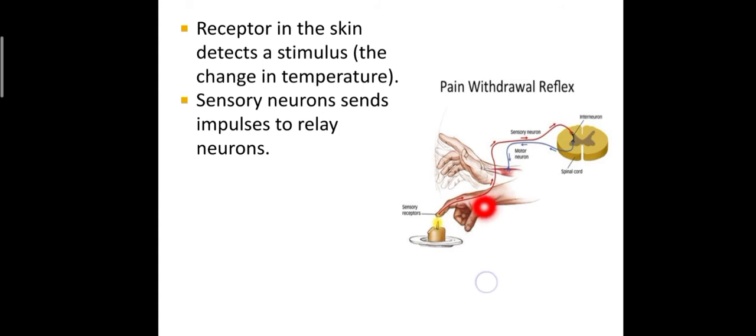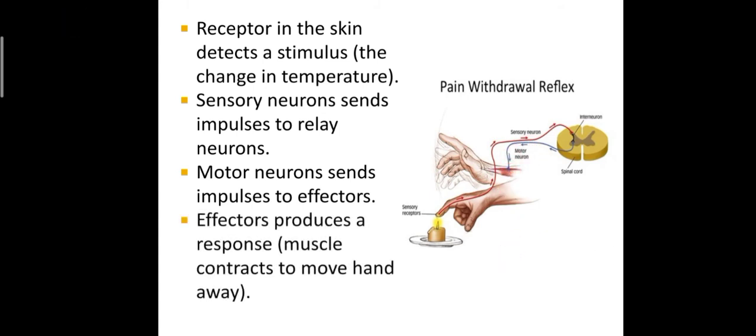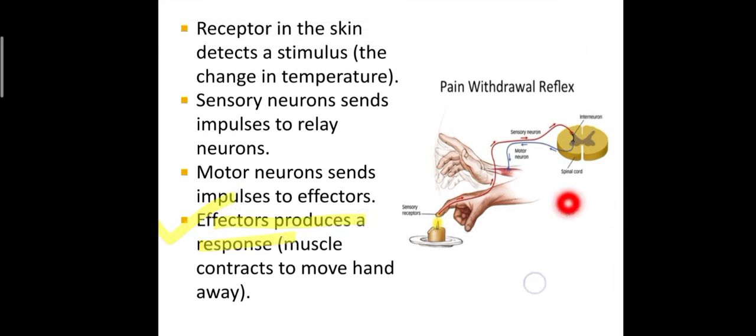Here we can see the sensory neurons sending impulses to the relay neurons. Then motor neurons send impulses to the effectors. The effectors then produce a response. Muscles contract to move the hand away, and then we move our hand away. So it is known as the pain withdrawal reflex.